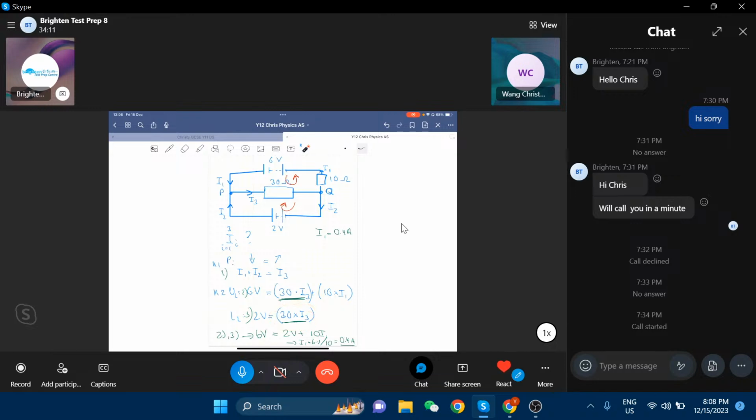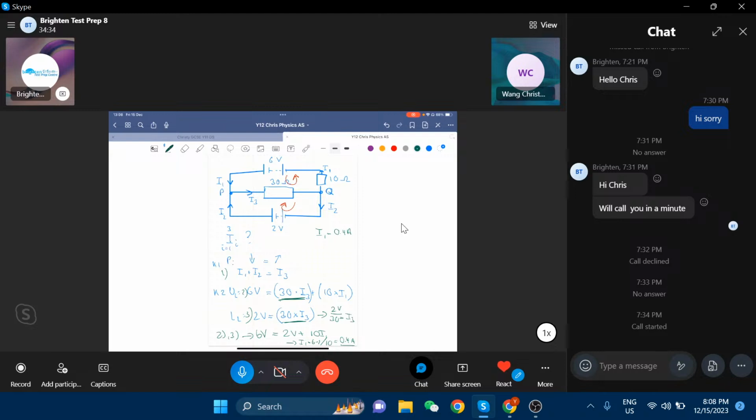So that's why we chose that path as an example and said, okay, take this one, which is equal to 2 volts. So I can take that one out and make this equation. But on the other hand, you could go straight here and say, if 2 volts is I times 30, then 2 volts divided by 30 is my I3.